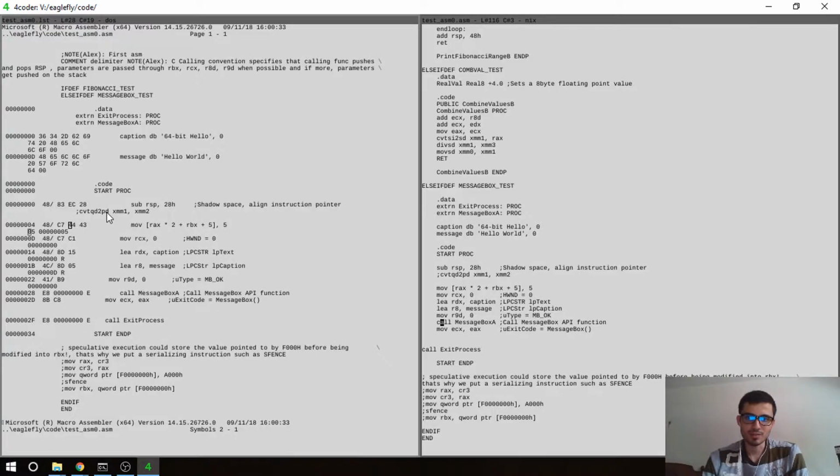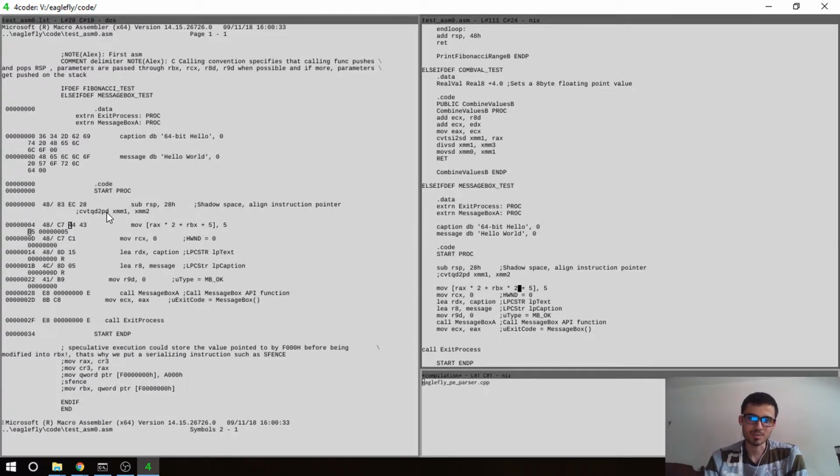And I believe, I don't know if I can do this. That will be bananas. I don't think it's possible. Yeah, multiplier not allowed. Exactly. This is the index, this is the base, and this is the displacement.